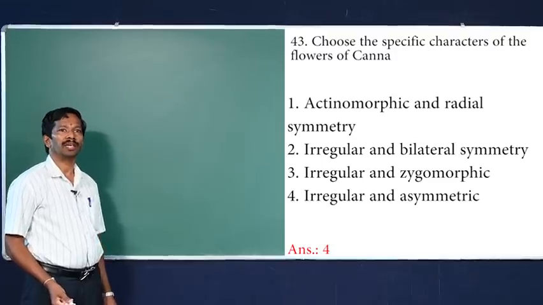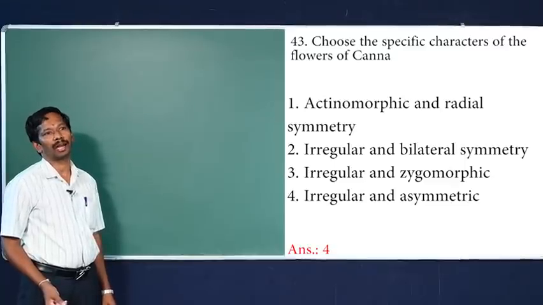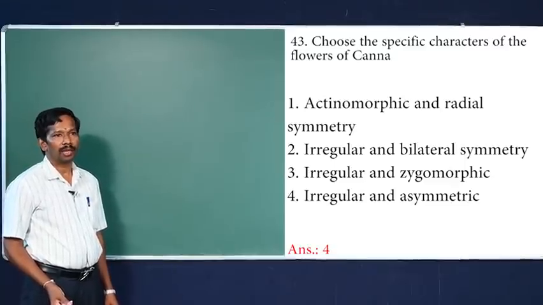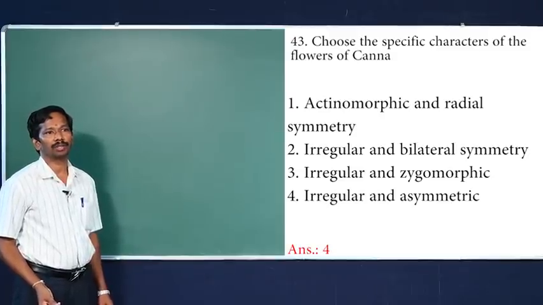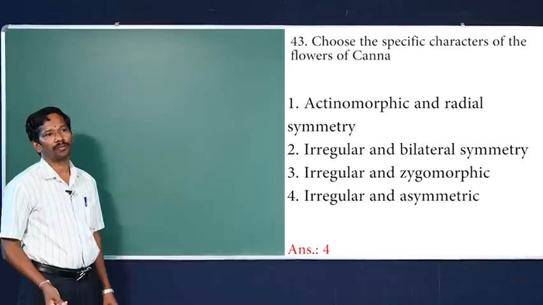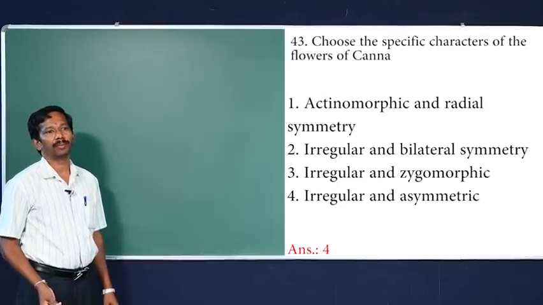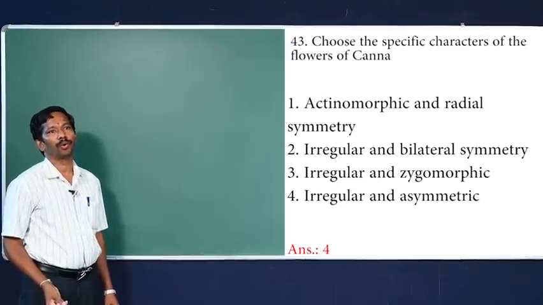43. Choose the specific character of the flowers of Canna. First one, actinomorphic and radial symmetry. Second one, irregular and bilateral symmetry. Third one, irregular and zygomorphic. And fourth one is irregular and asymmetric. Answer should be option 4.